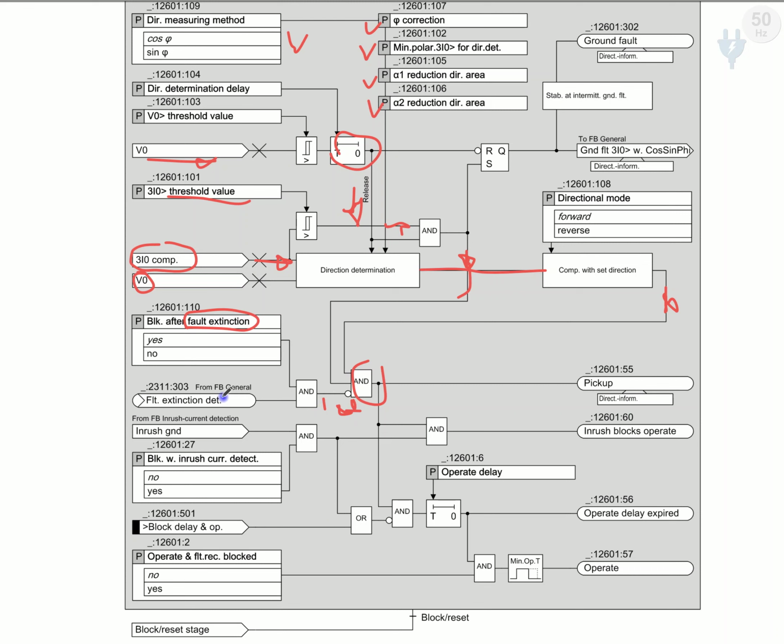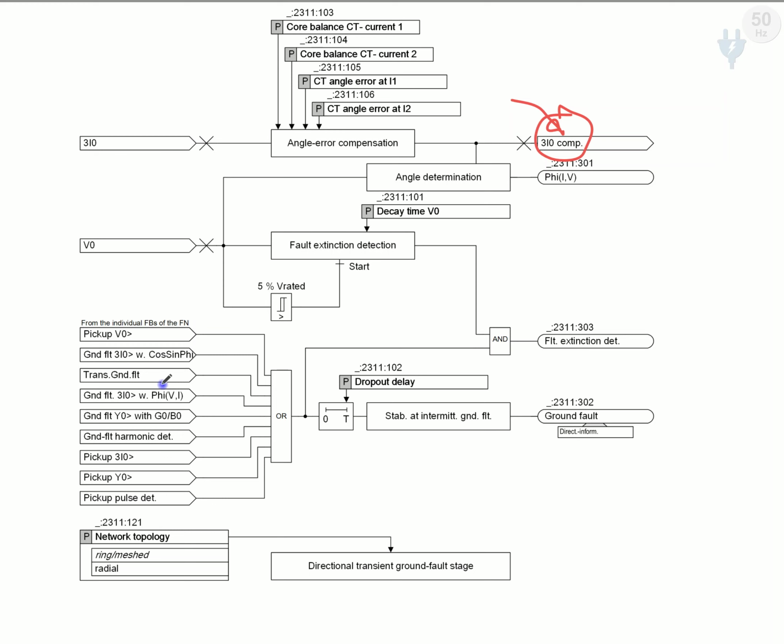If it is detected that the fault is extinguished and there is no fault in the system, then the output of this block becomes 0. But suppose the fault is not extinguished and the output of this signal is 0. Now 1 is supplied to the AND block and the output comes to the pickup. This pickup occurs, and this pickup is right now applied to here. Now we have this pickup, and another operation is done onto this signal.